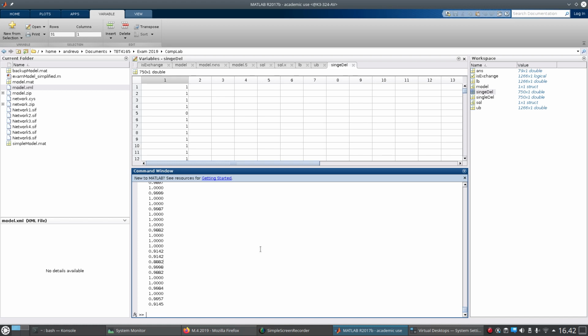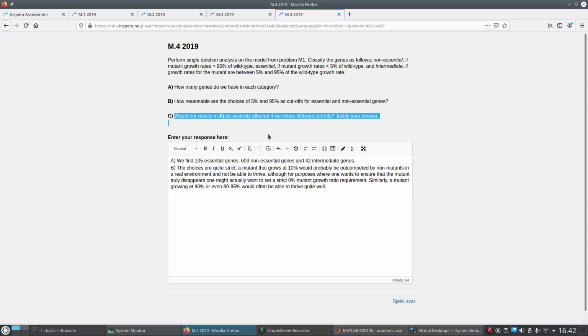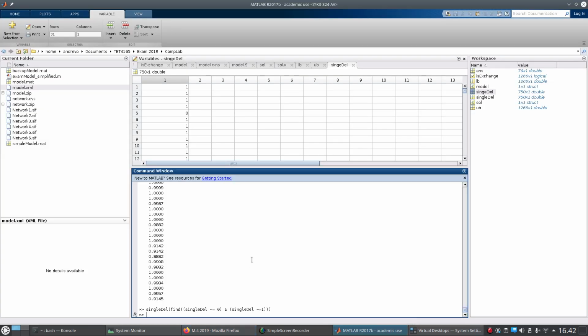we say something else. So if we say, for instance, if we were to set our limit to 10%, for instance, or 90% growth for something we consider non-essential, how many did we find originally? We found 603 non-essential if we set 95% as the criteria. If we say size, find single del less than 0.9 or greater than 0.9, for instance, 607.